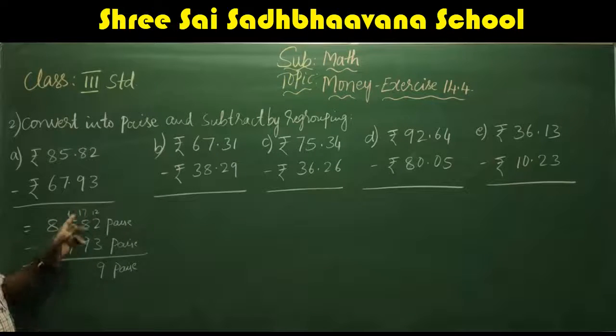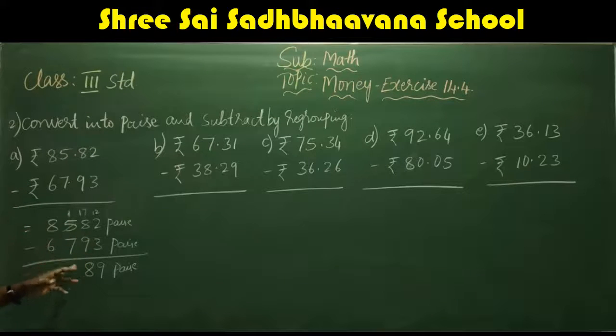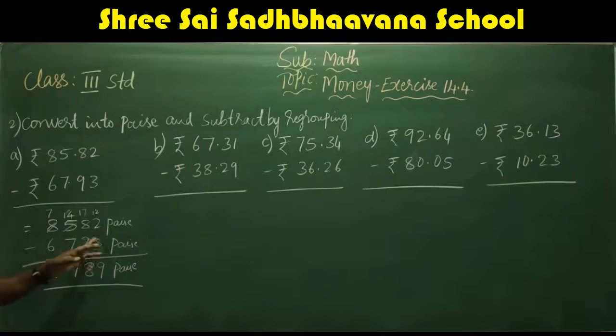This becomes 17. 17 minus 9, 8. Here this is 4. Then take one carry here. This becomes 14. This becomes 7. 14 minus 7, 7. 7 minus 6, 1. So what is the answer? 1,789 paise.